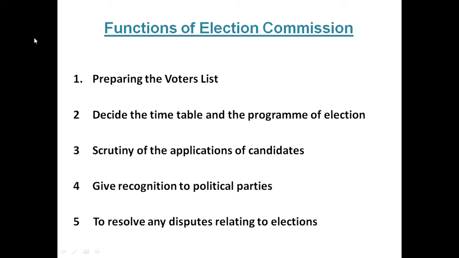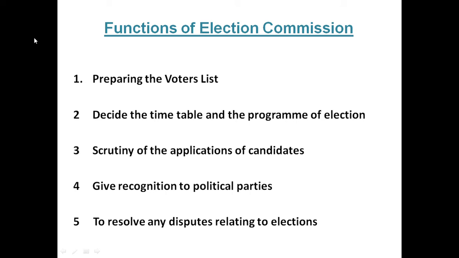New parties are formed and existing parties split up to form new parties. All political parties are required to be recognized by the Election Commission. It also has the right to derecognize any political party. The Election Commission also allots election symbols to the political parties.